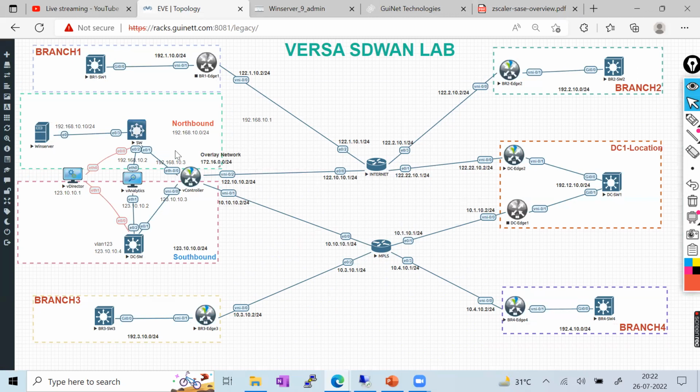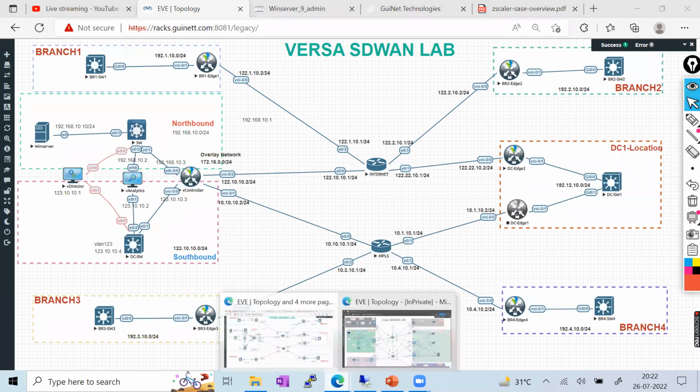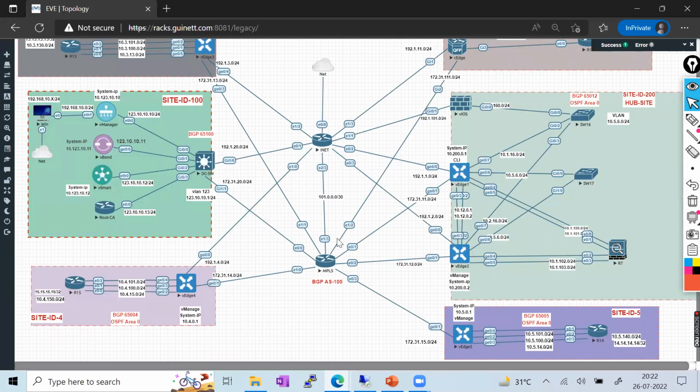But if you see, both have a similar kind of concept. Both have controllers which are sitting in one location. It could be some public cloud or some private cloud. And we have different branch sites through the internet and MPLS cloud, right? They are building the underlay connectivity from the data center controllers to the remote locations. Similarly, this Cisco SD-WAN solution also does the same thing.